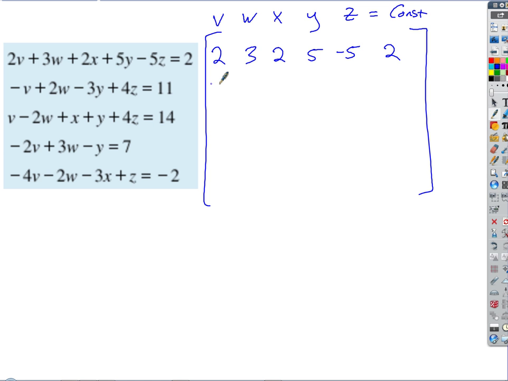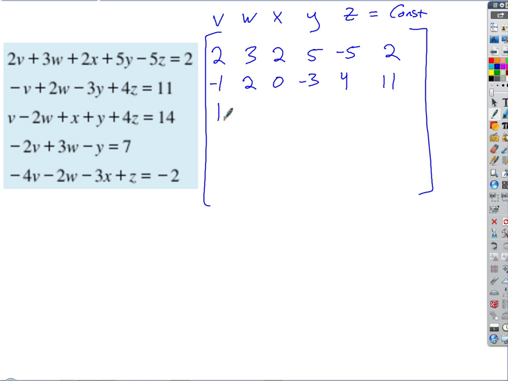Next row, negative 1V plus 2W minus 3, oops, there are no X's. Look, there are no X's, so what's the coefficient of X? It's 0. So I've got to put a 0 in the X column for row 2. Plus minus 3Y plus 4Z equals 11.